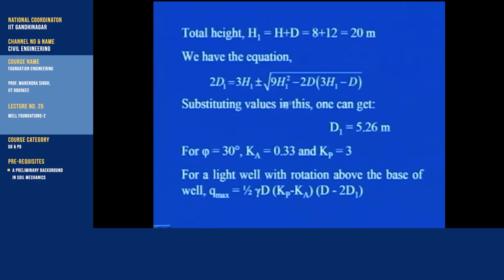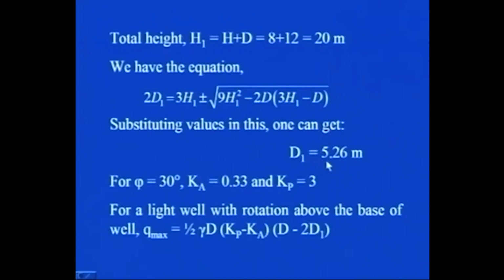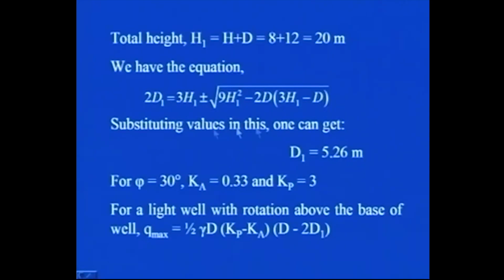So if I substitute appropriate values, like h1 equal to 20 meter and D equal to 12 meter, one can get d1 to be equal to 5.26 for the numerical values of h1 equal to 20 meter and D equal to 12 meter.